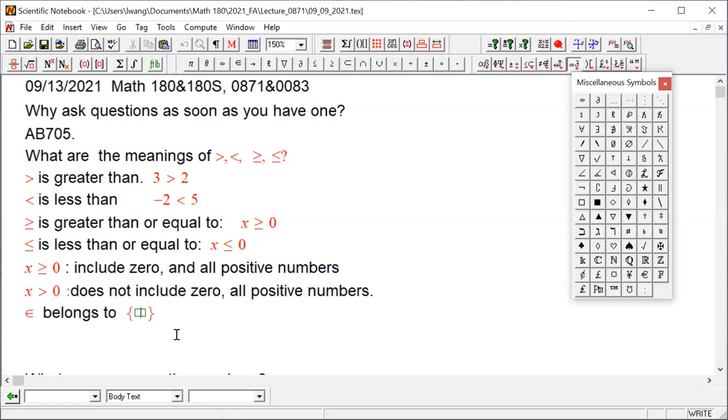I have a set of 1, 2, 3, 4, 5, 6. Number 1 belongs to that set. 1 is a part of the set, meaning part of. Okay.